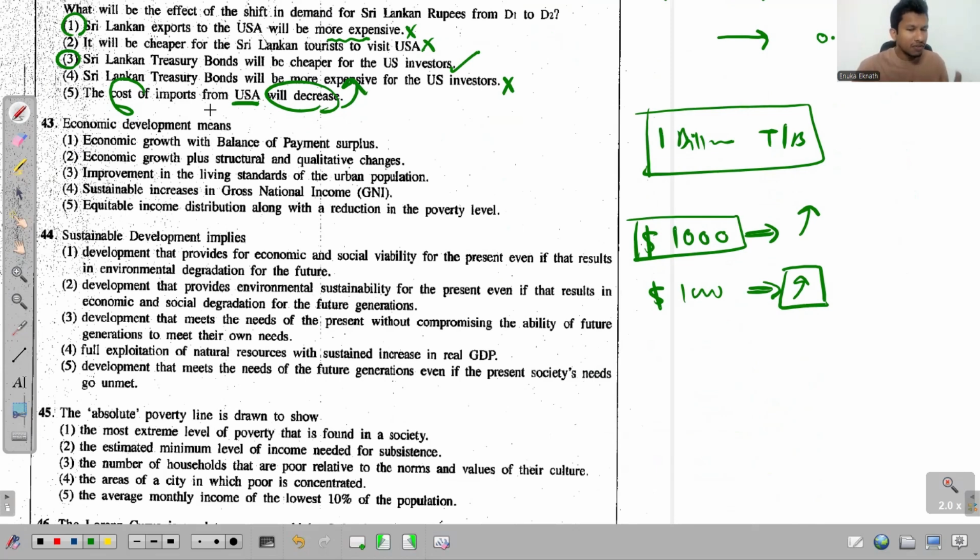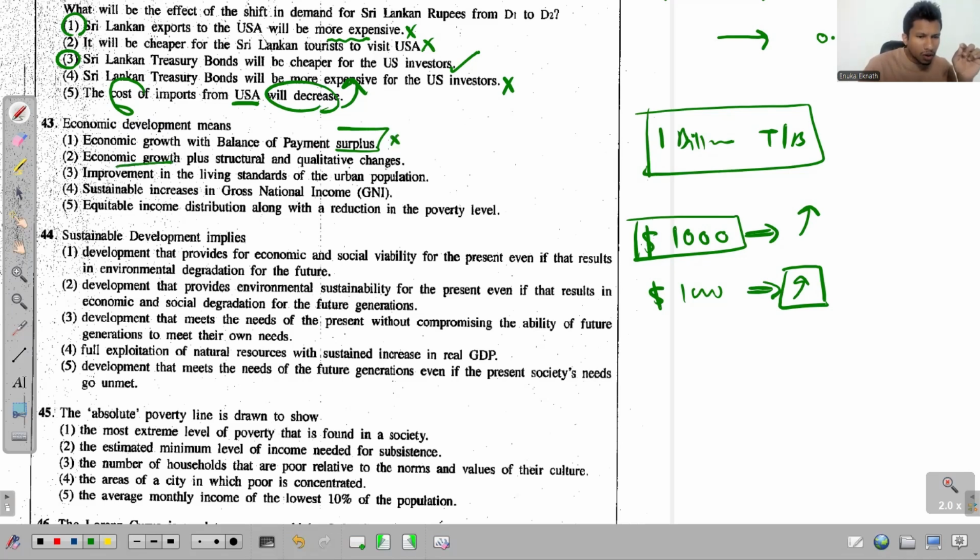It's not growth. We have discussed this many times in our previous discussions of these past papers. Development includes both quantitative and qualitative improvements. The first one says economic growth with balance of payment surplus, which is totally quantitative, which is not development.